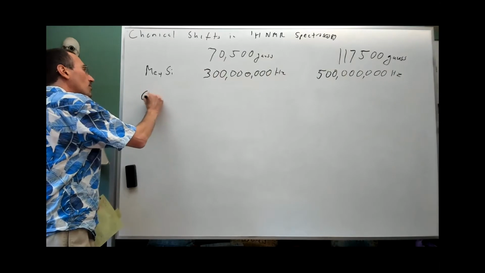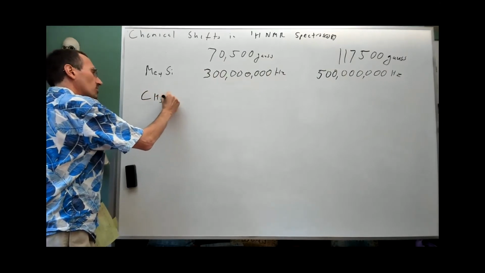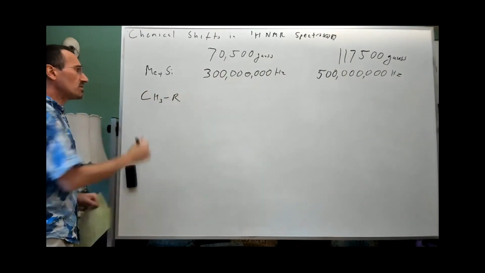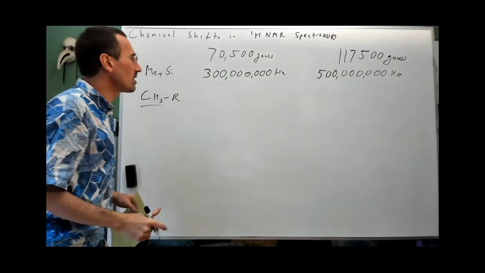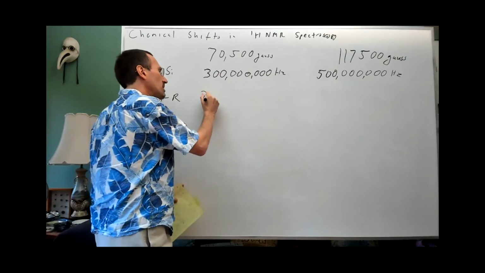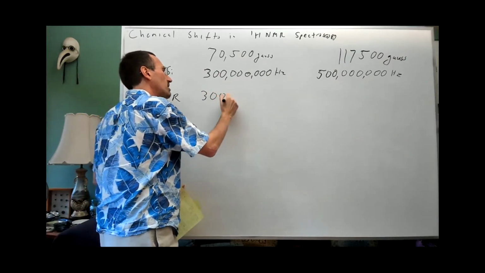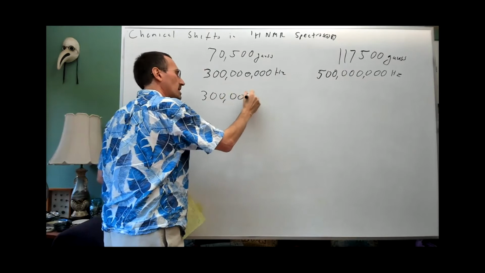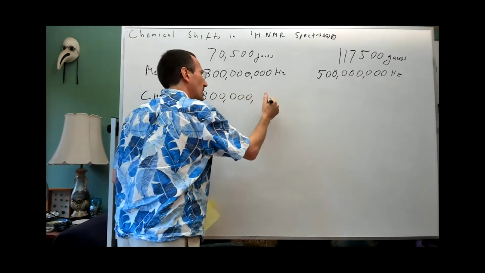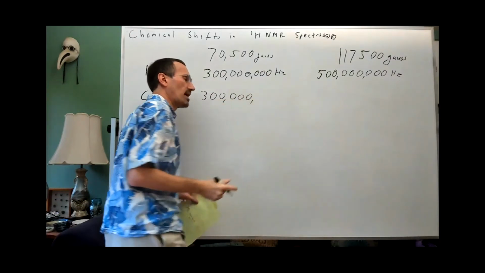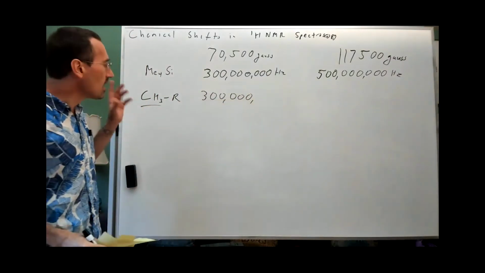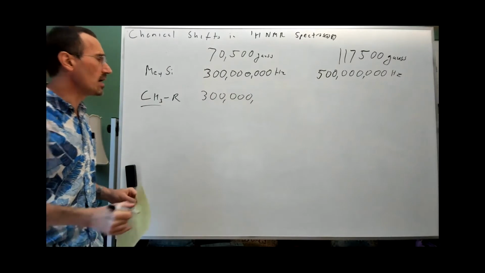megahertz. Now, for a plain vanilla methyl group, so just like the end of an alkane chain, that frequency is going to be different than tetramethylsilane. In tetramethylsilane, the silicon is electron donating, and so you have extra electron density around the hydrogens, around the protons.